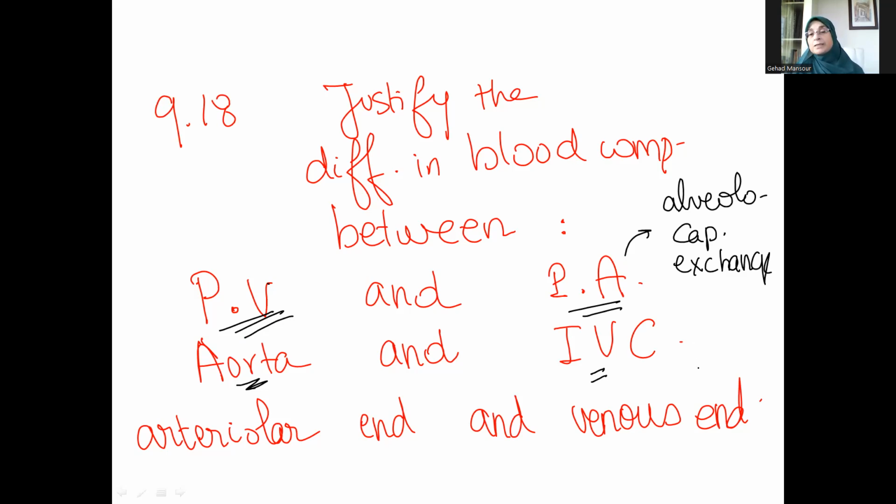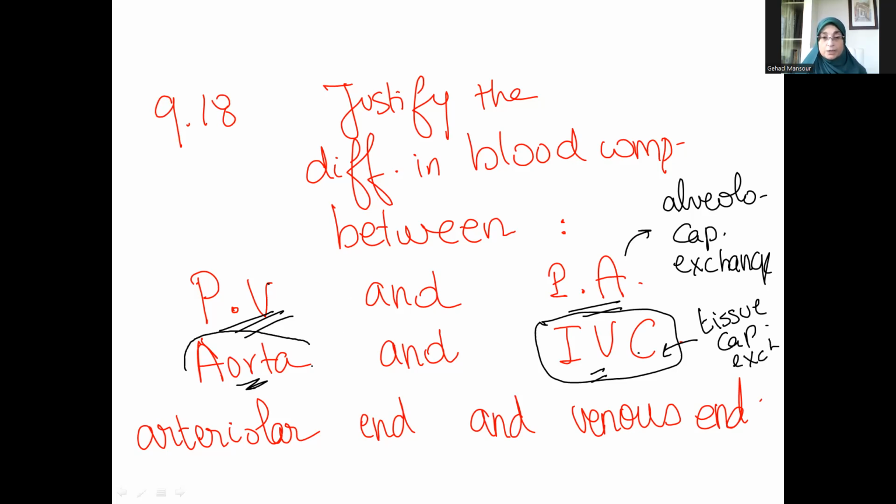Here it is a bit more complicated, because the inferior vena cava carries deoxygenated blood because it collects venous blood that was collected after tissue capillary exchange. But the aorta carries oxygenated blood because it takes it from the left ventricle after alveolo-capillary exchange.